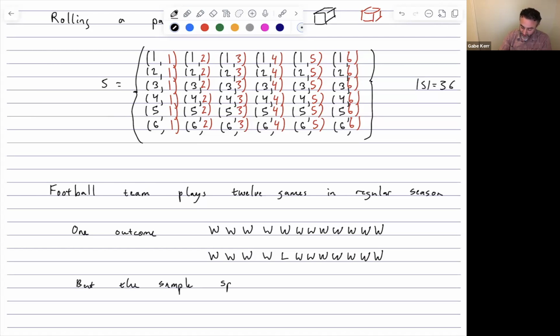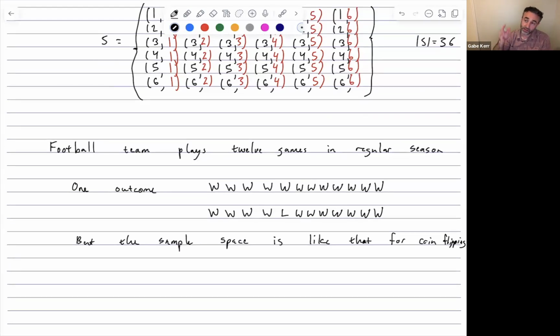It's very much like that of coin flipping. Instead of an H or a T, heads or tails, an outcome is going to be a W or an L. And in this case, the sample space S has exactly 2 to the 12th outcomes, and 2 to the 12th is 4,096 possible outcomes.